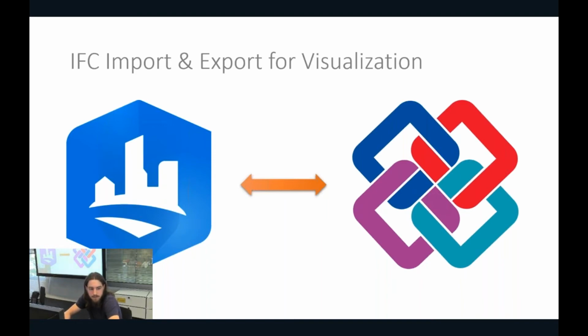IFC is a widely used and openly specified format to exchange building information modeling data, short BIM data. What's interesting about our new IFC importer is that the hierarchical group information of the IFC model is made available via the geometry groups function in CGA. This lets you write fairly simple rules with powerful filtering capabilities based on this grouping information.